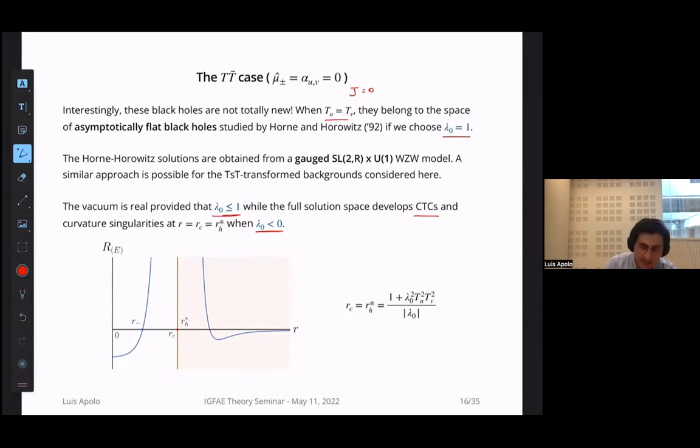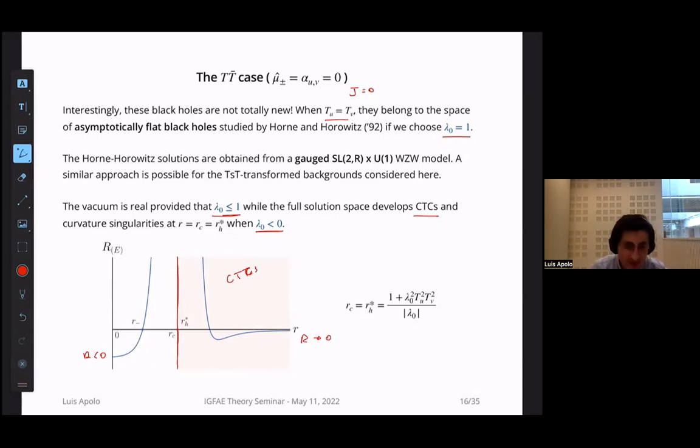Deep in the IR, near r equals 0, the curvature is negative, as we expect for the AdS3 background we started with, whereas deep in the UV the curvature goes to 0 because the background becomes asymptotically flat. At some value of the radial coordinate, shown here in red, you start finding CTCs. And for TTbar, the location of the CTCs and the singularity agree with each other.